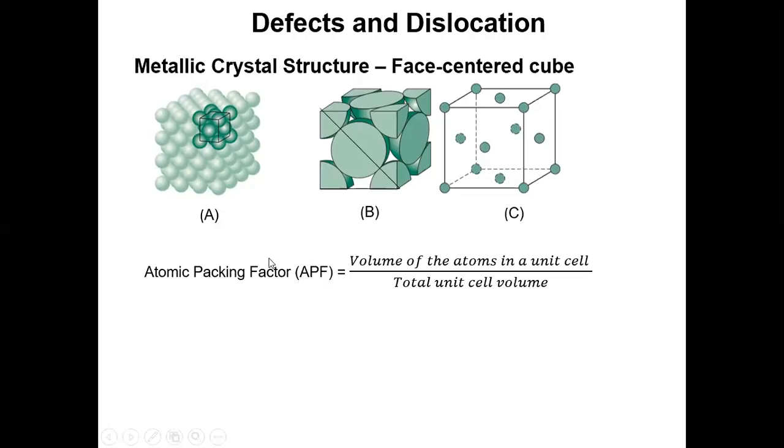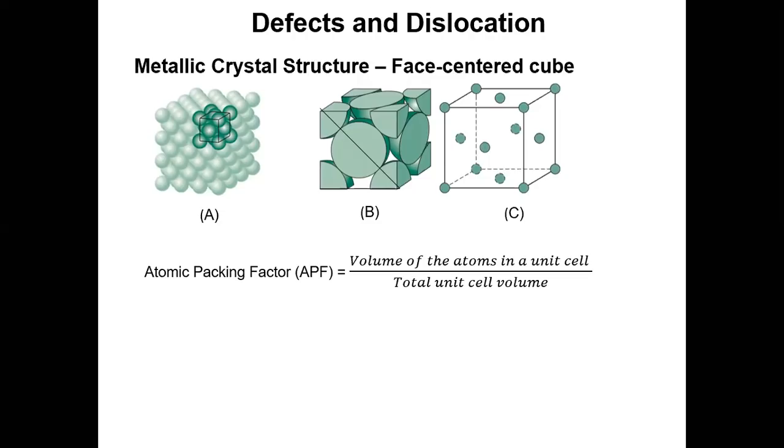So the atomic packing factor of a crystalline structure we define as the volume of the atoms in a unit cell divided by the total unit cell volume. Right? So you now know the number of atoms in the FCC unit cell, that is 4.